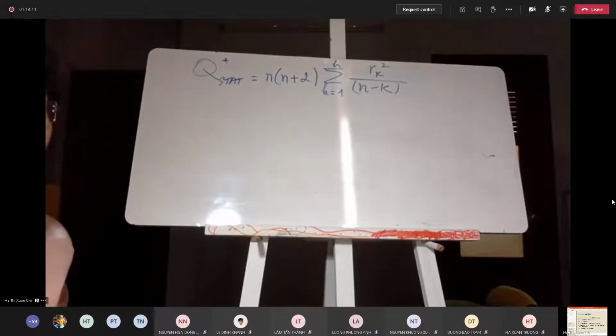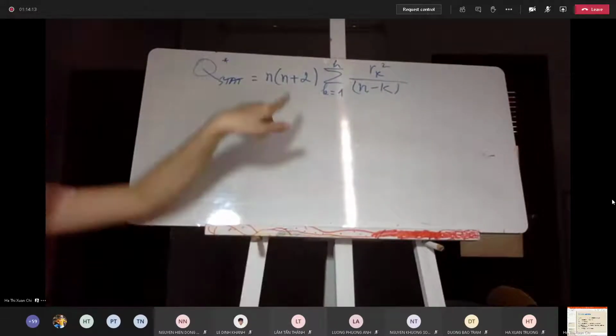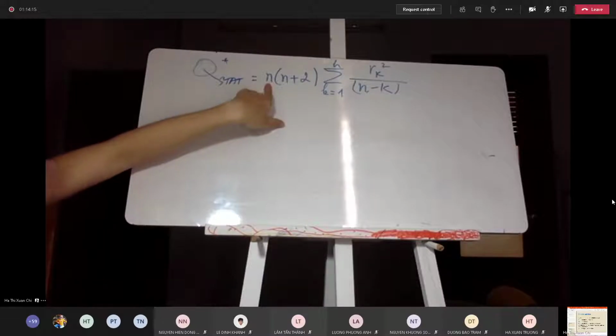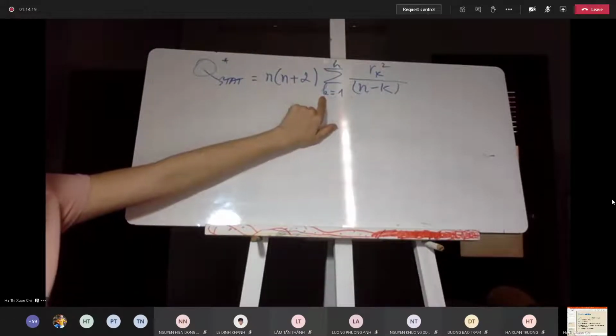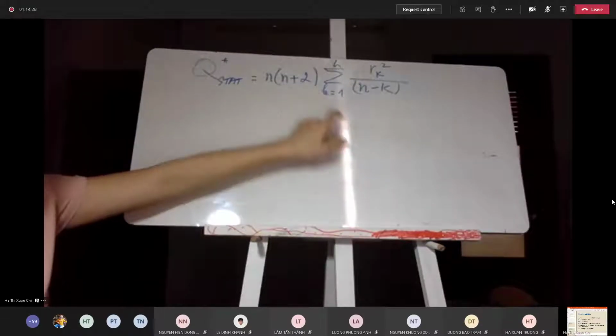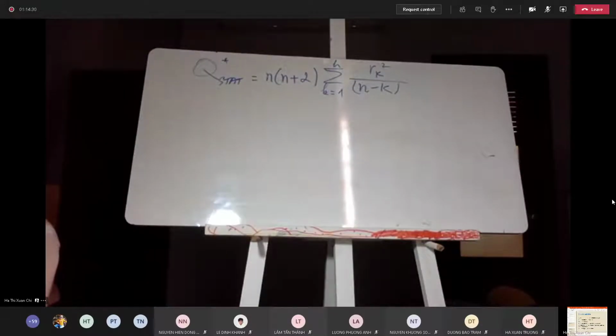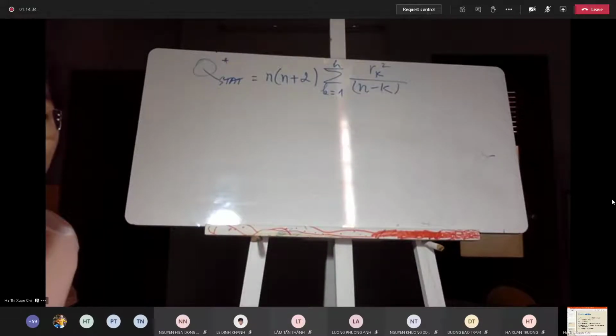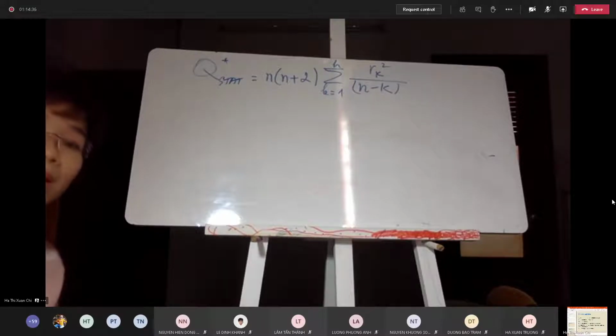N is the number of residuals. K is the lag. H is the number of lags to be tested. And R is the total number of parameters estimated. H minus R is the degrees of freedom.